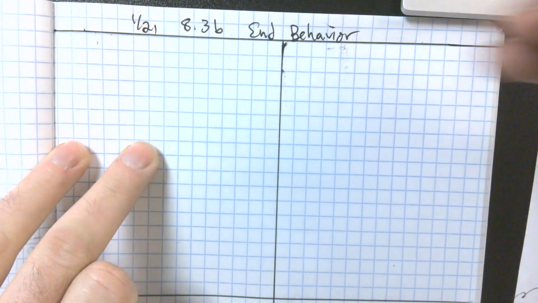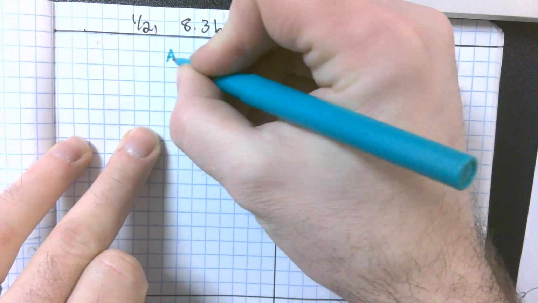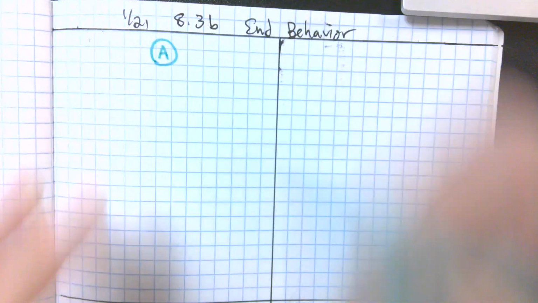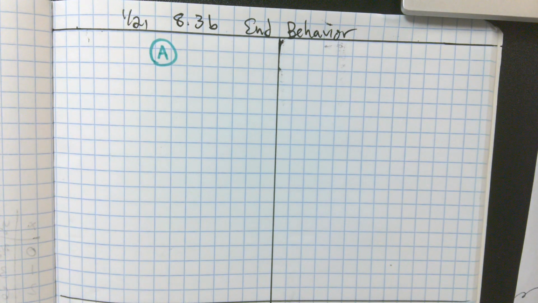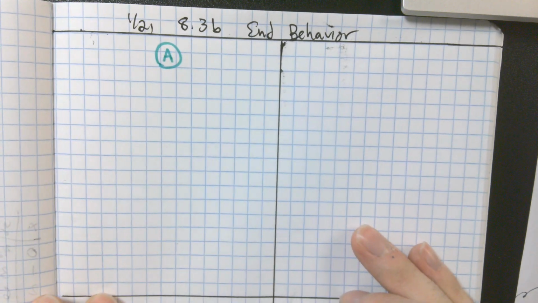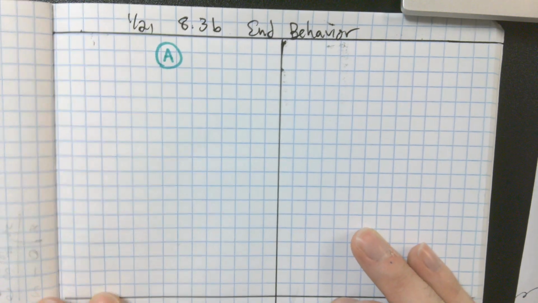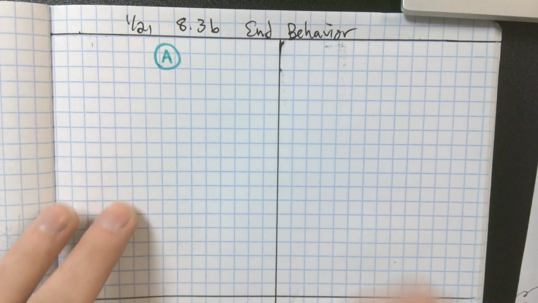This first shape we're going to call option A. In this first option, this is like your standard exponential function.